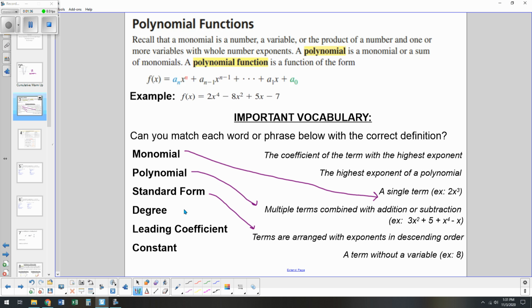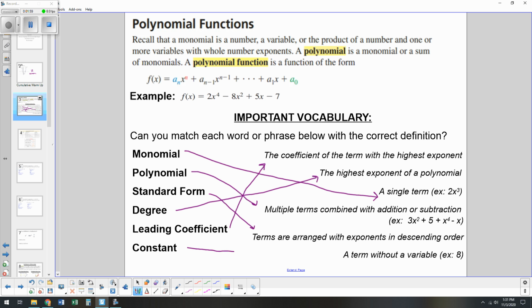The degree is the highest exponent of a polynomial. The leading coefficient is the coefficient of the term with the highest exponent. So it's the first term when you are in standard form, the coefficient of that.